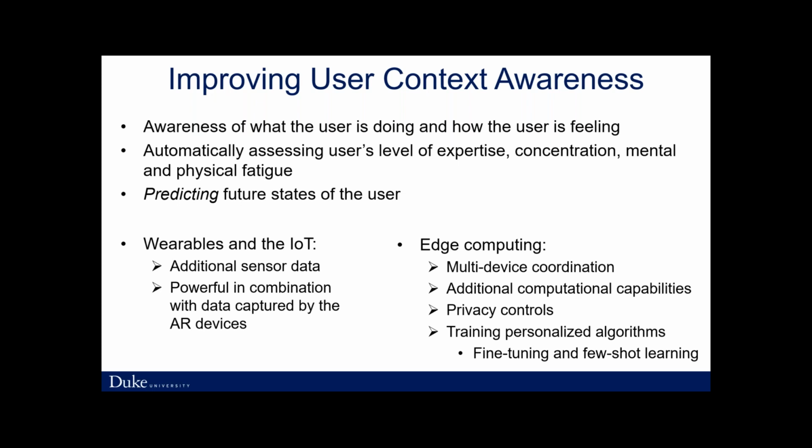But ultimately, you do need to run training algorithms on user data. And this is where edge computing can be a tremendous asset, that you can do this kind of advanced computing, advanced machine learning training locally on computationally capable devices. I'll talk about our work on user context awareness with eye tracking.